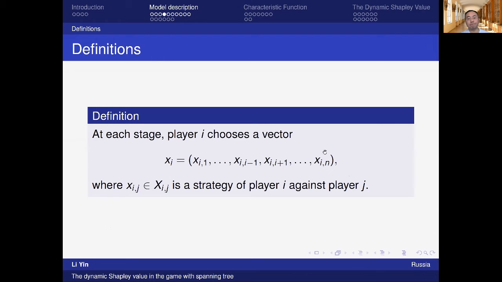And in these two-stage games, at each stage, an arbitrary player may choose a vector.